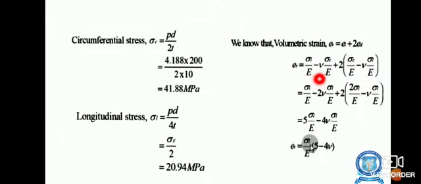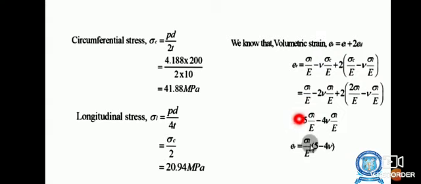We have simplified that formula. We have applied sigma C is equal to sigma L. So in this equation, all the sigma C will be changed to sigma L. What happened? Sigma L by E minus 2 mu sigma L divided by E plus 2 sigma L divided by E minus mu sigma L divided by E. So we have simplified that equation.